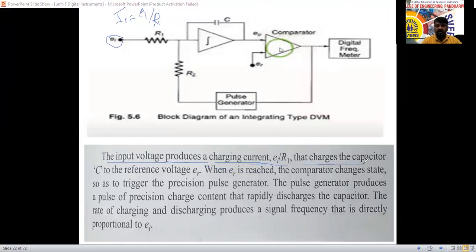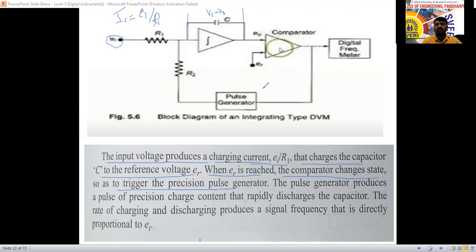That charges the capacitor C to the reference voltage ER. The voltage across the capacitor, VC, is charged up to VR. When VC equals VR is reached, the comparator changes state, E naught equals ER, and it triggers the precision pulse generator.